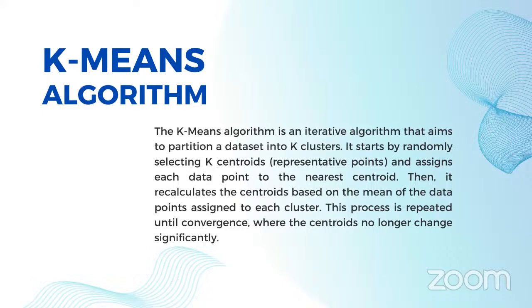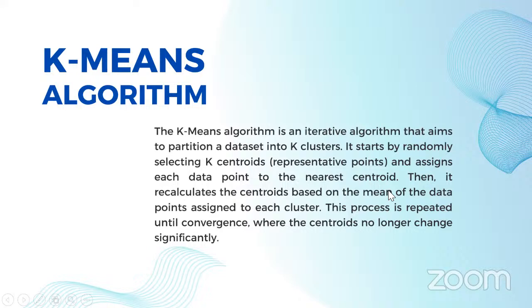It starts by randomly selecting the k centroids, representative points, and assigns each data point to the nearest centroid. Then it recalculates the centroid based on the mean of the data points assigned to each cluster. This process is repeated until convergence, where the centroids no longer change significantly.